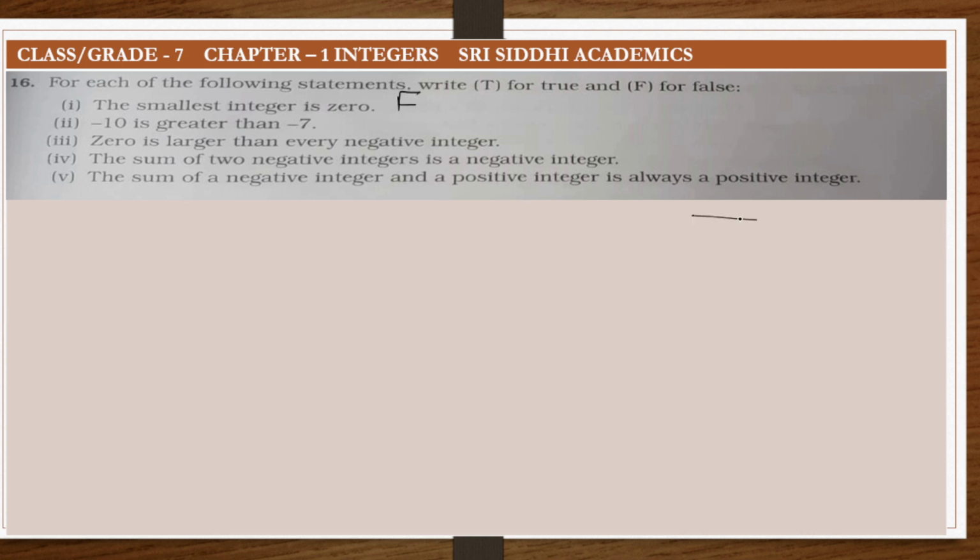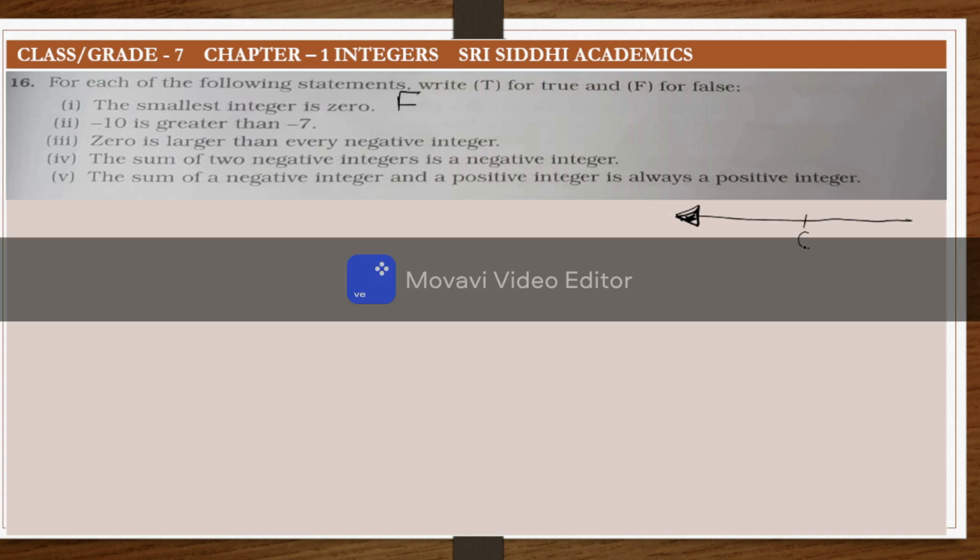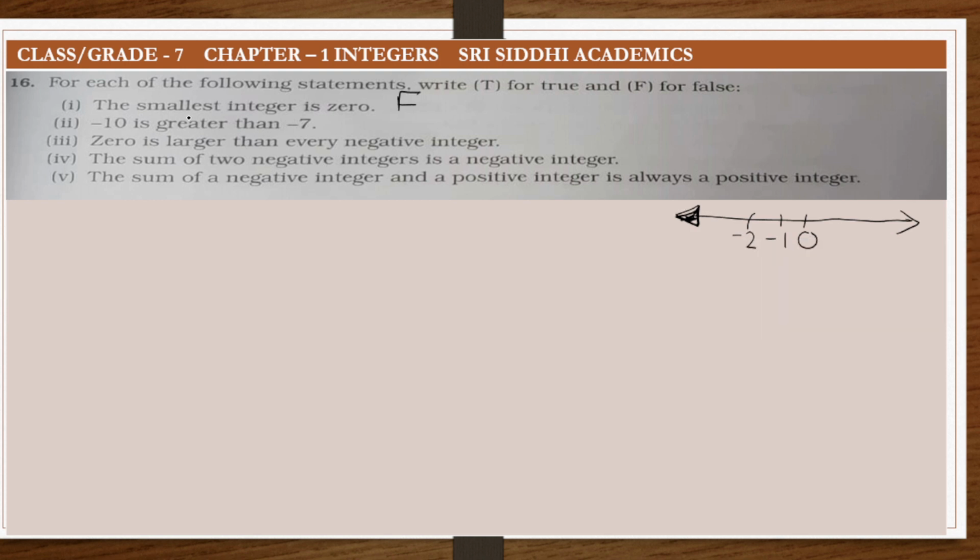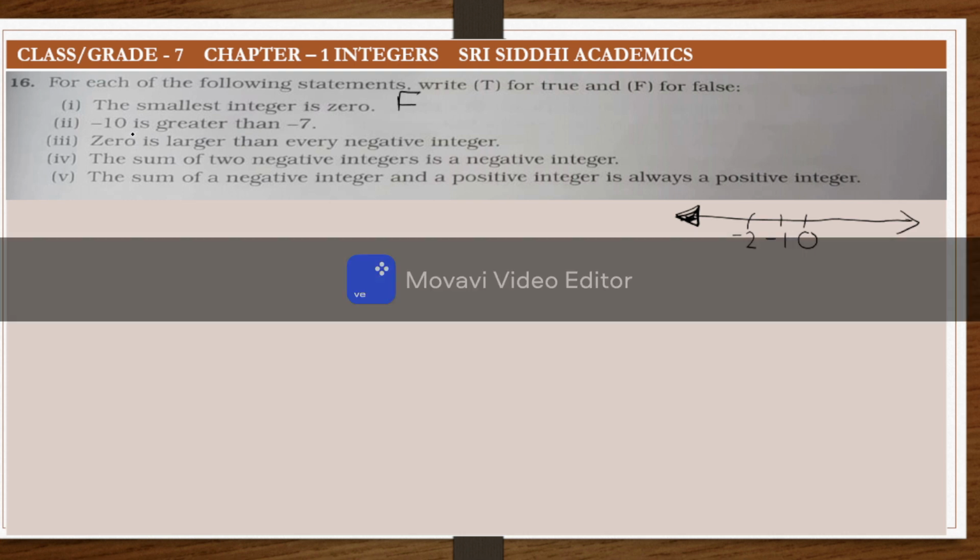Because if you take this number line, you have to go to the left and further left, and as we move further left in the number line, the value keeps on decreasing. -1 is the biggest negative integer, and as we move away from -1 towards the left, the integer value keeps on decreasing. So smallest integer, no one knows what the value is, it's undefined, so it's false that it is 0. 0 has got no sign with it. It is neither positive nor negative.